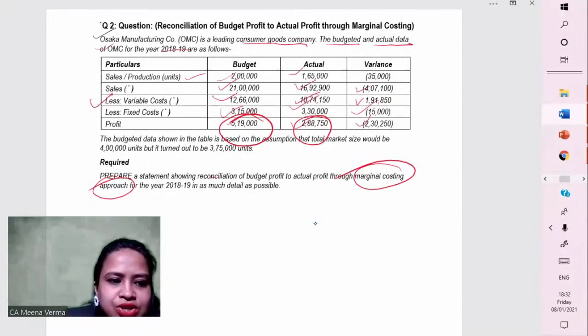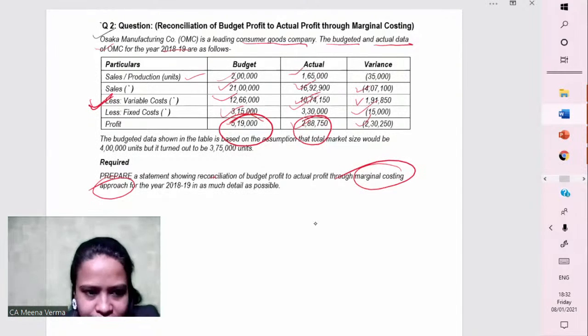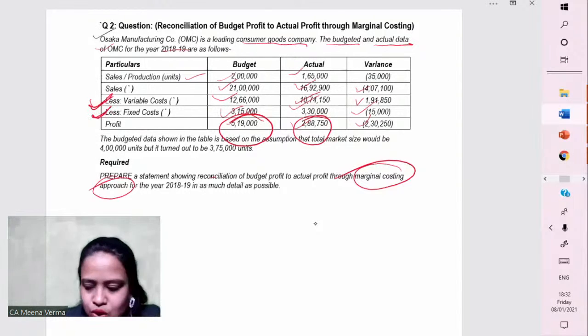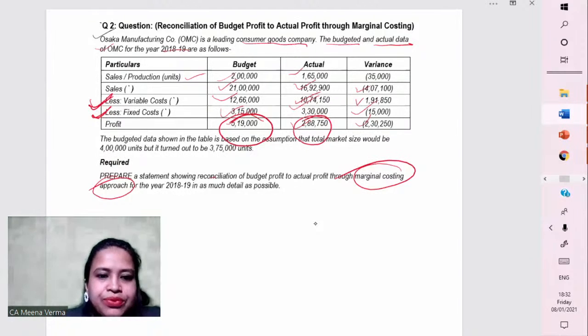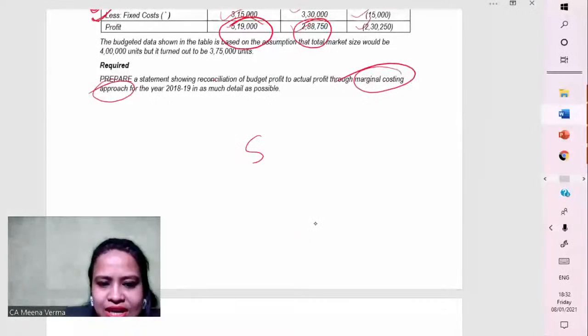From this information, it is very easy to find the variable cost variance and the fixed cost variance. Now see, we have sale, variable cost, and fixed cost.